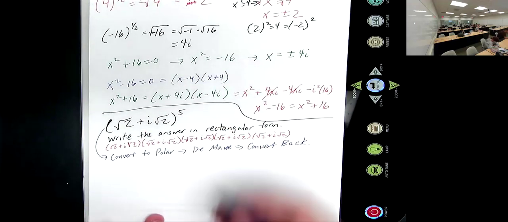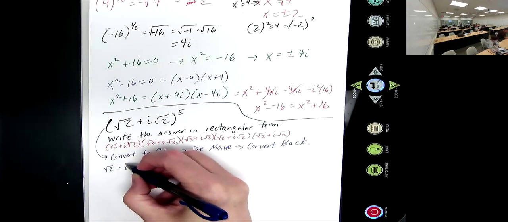So what is root 2 plus i root 2 in polar?